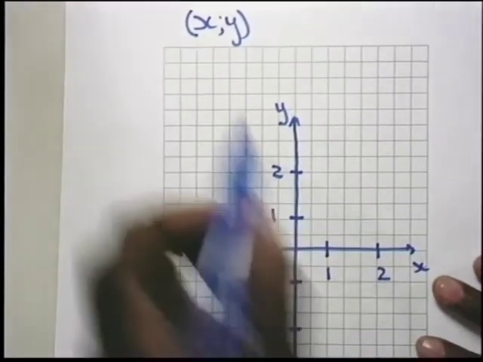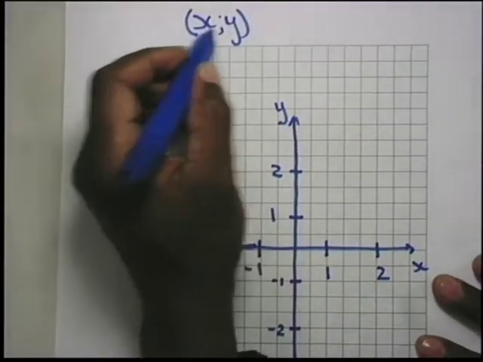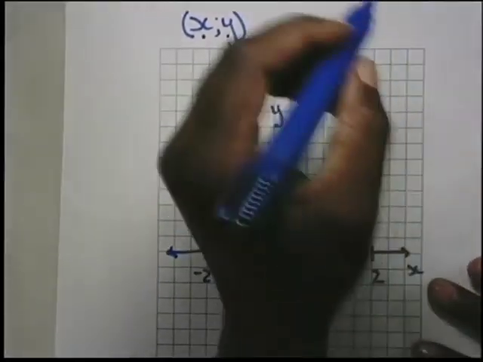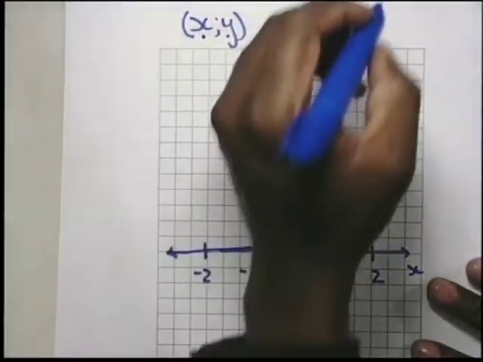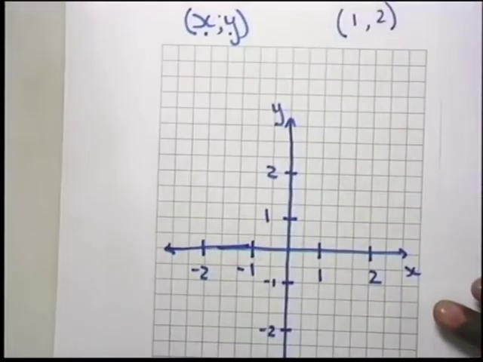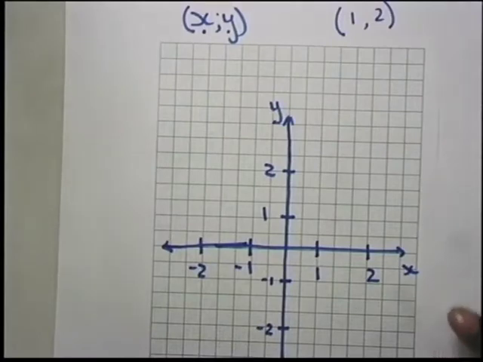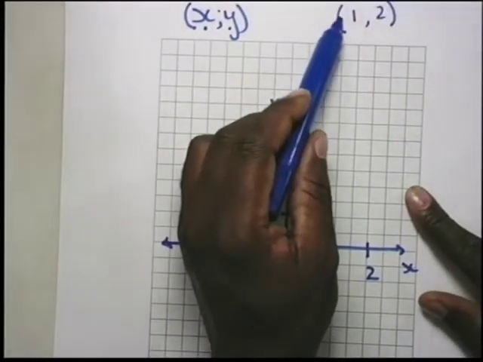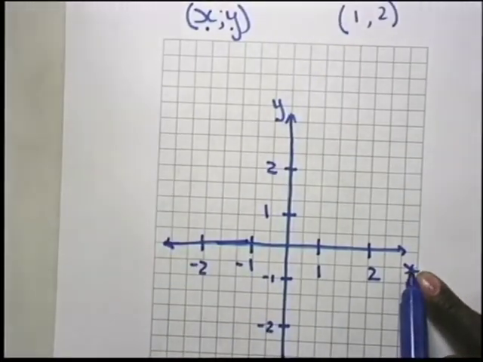Coordinates always represent the x value and then the y value, such that if I'm told to plot the point (1, 2), the first value represents the x value.